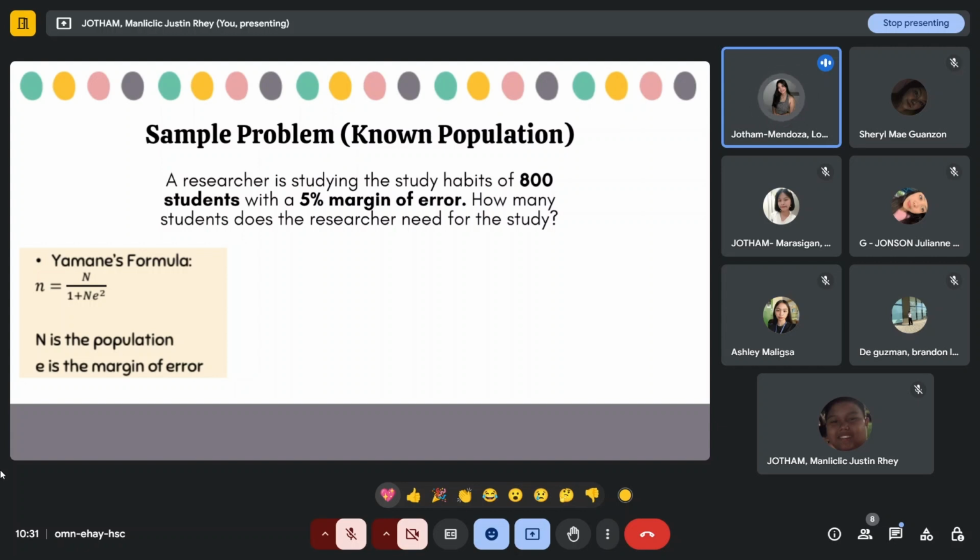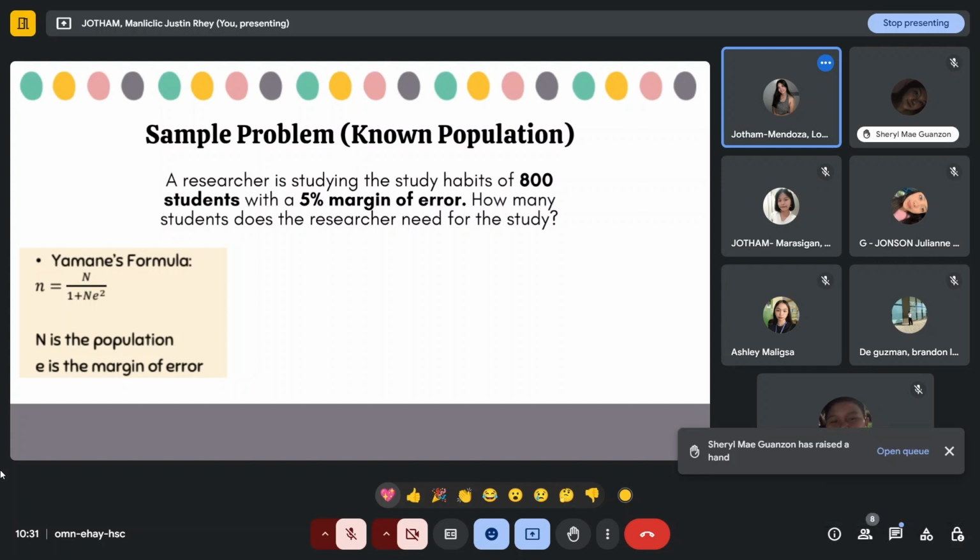A researcher is studying the study habits of 800 students with a 5% margin of error. How many students does the researcher need for the study?